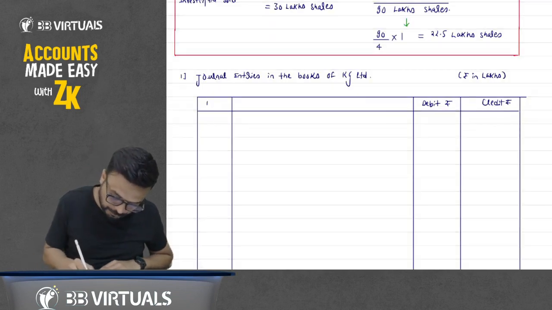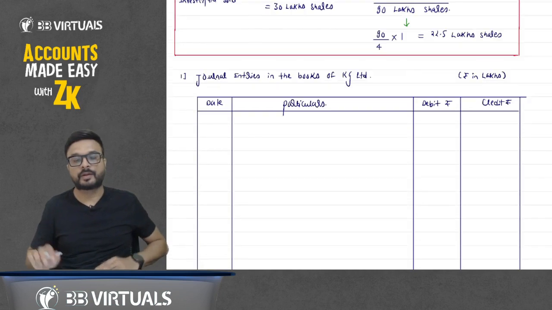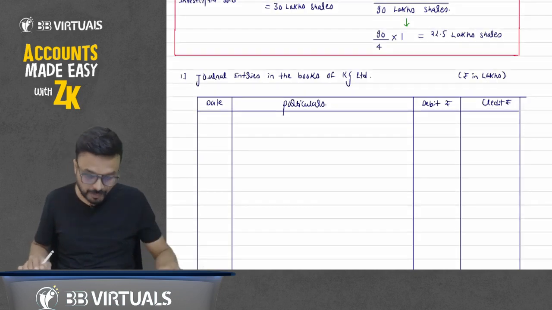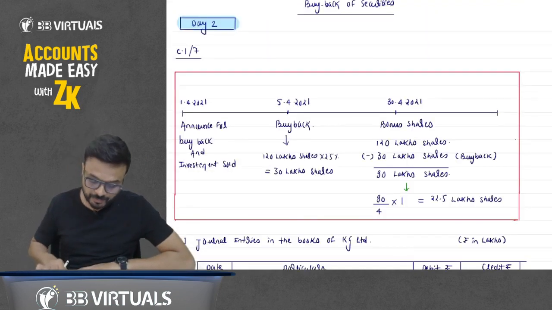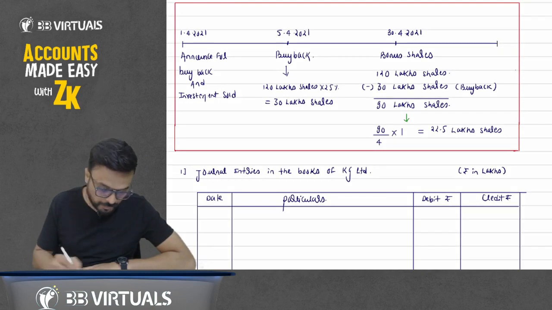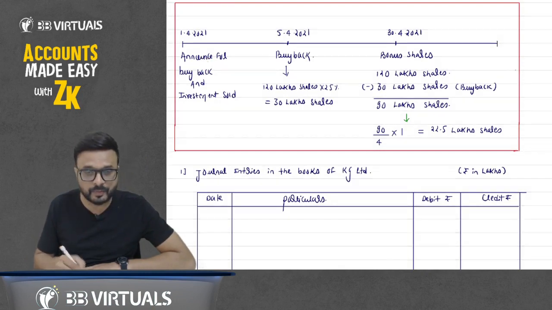Okay. Now write down one by one. So first we are doing the entries for buyback. Actually we announced it on 1st of April, but we will do the entry for buyback on 5th of April.